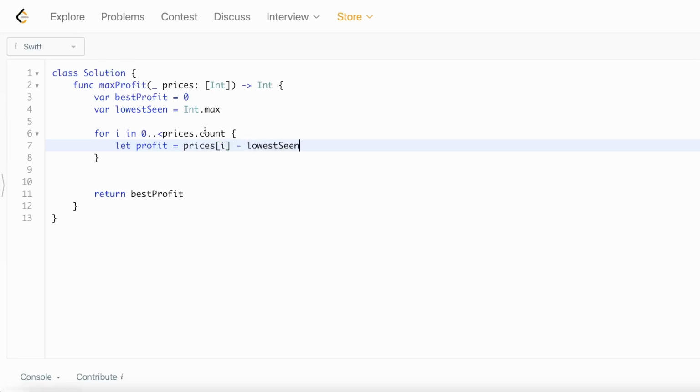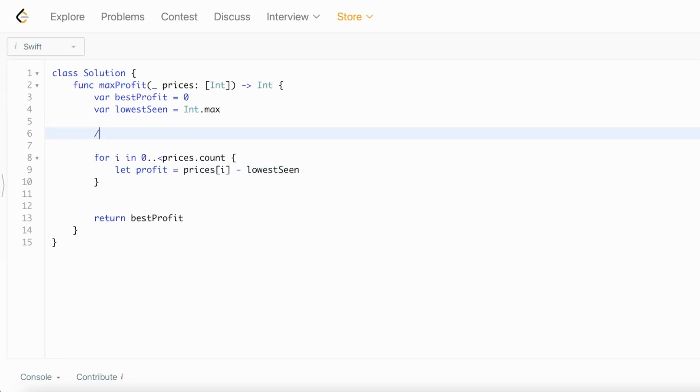Let's think about that with some numbers. If we have, say, 1, 2, 3, 4, 5, whenever we look at the first number, prices of i will be 1. So we're going to say 1 minus lowest seen, which is int.max. It's going to be an insanely negative number.